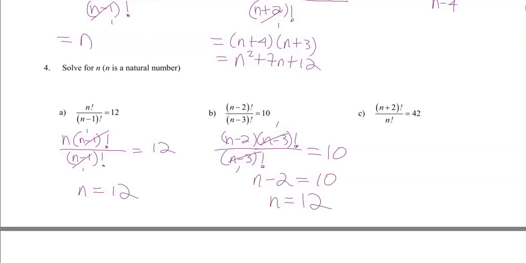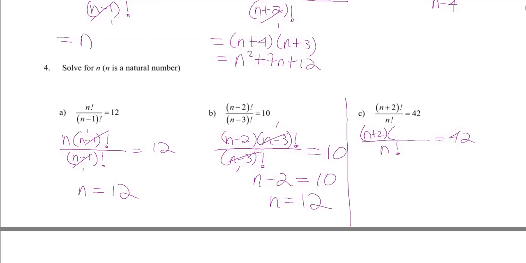Next one, who's bigger, n plus 2 or n? I know, it feels as wrong asking that as it does. So we're going to leave the n factorial on the bottom, because we know that's the small one. We're going to start with n plus 2. Then we're going to multiply by what? N plus 1, go down by 1.